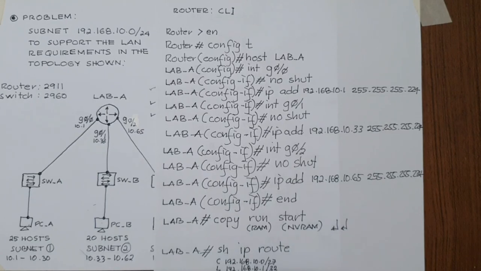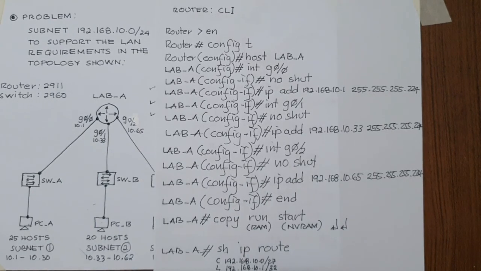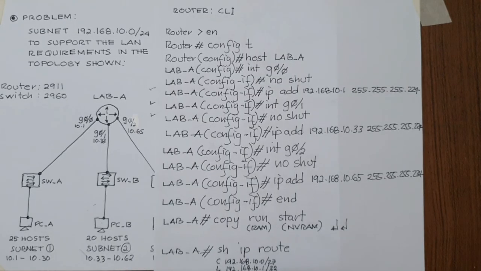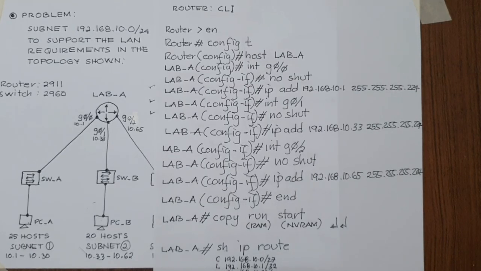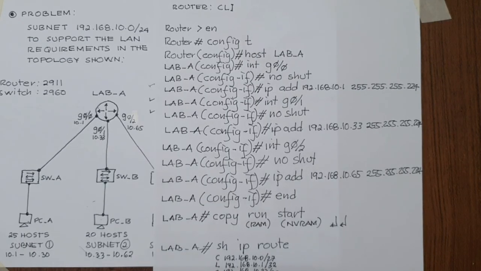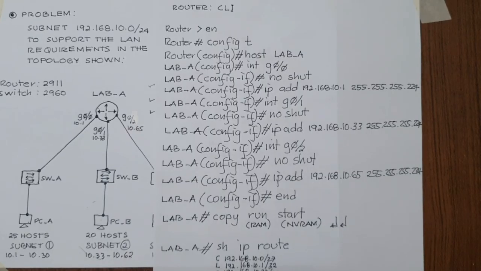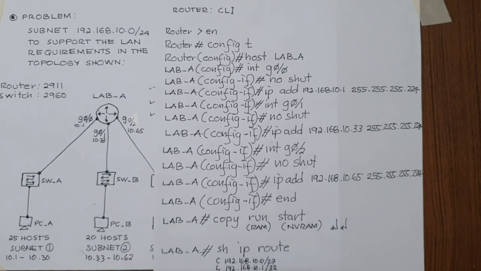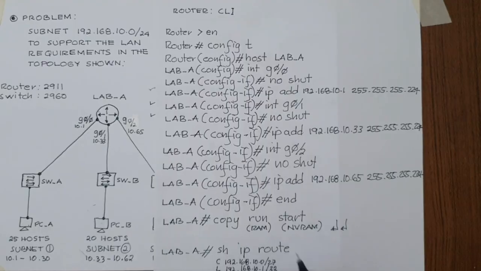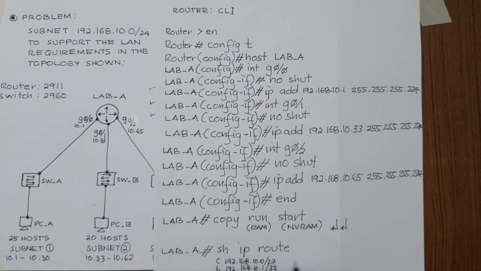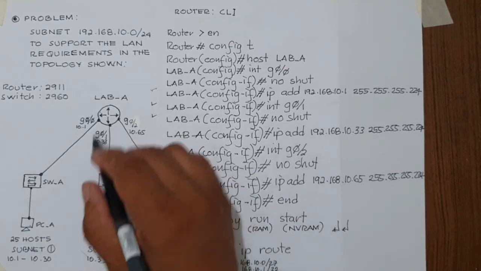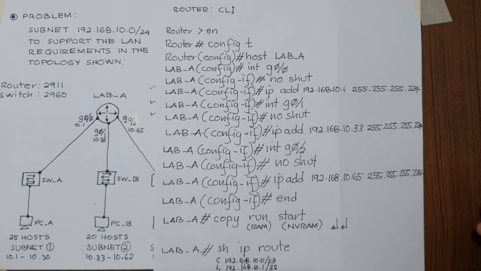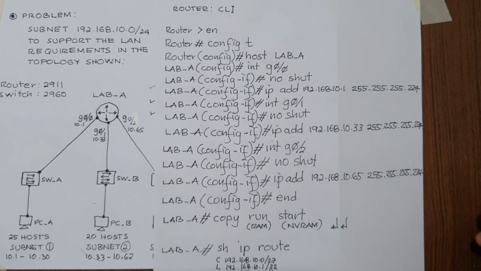That will be /32, because that is just the IP address of the interface. 10.33, and for the last one, for this subnetwork, 10.65. So if you issue this command and press enter, you'll get to see this, which says that all of these are directly connected to the router. Okay, and we are now ready to test connectivity.